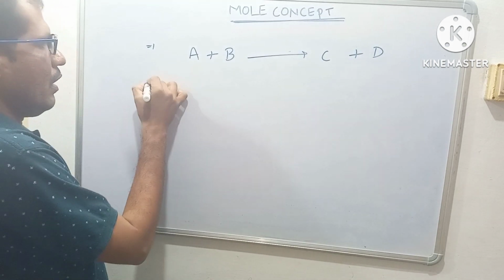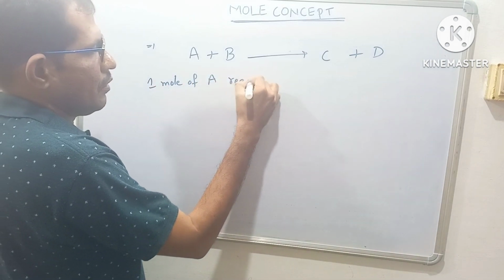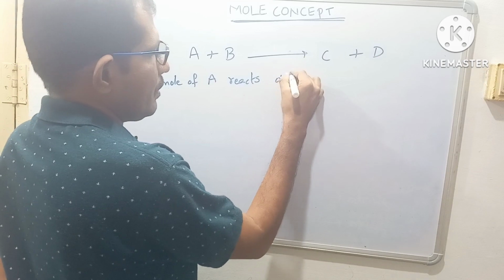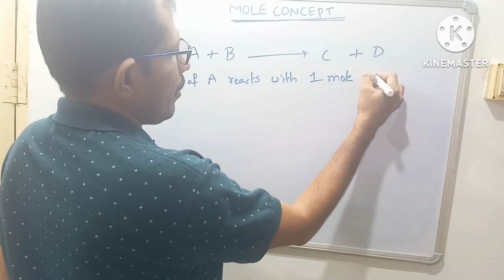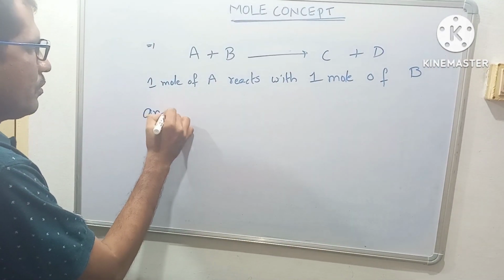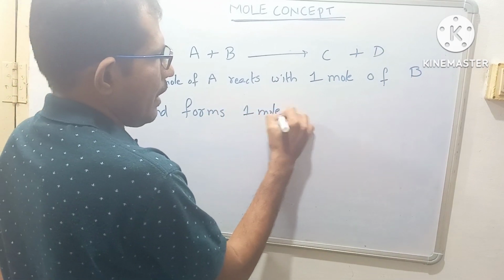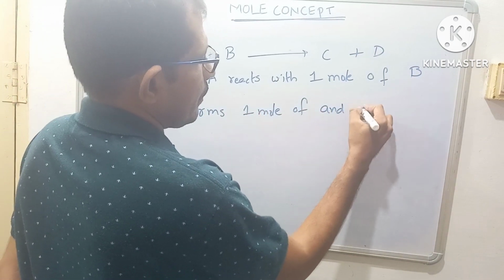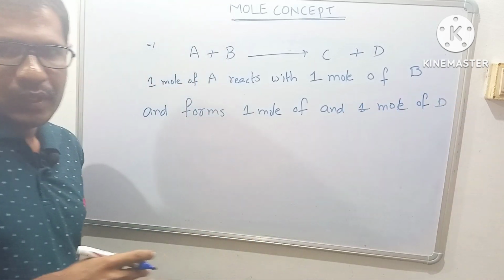We can write here 1 mole of A reacts with 1 mole of B and forms 1 mole of C and 1 mole of D. Understand carefully.